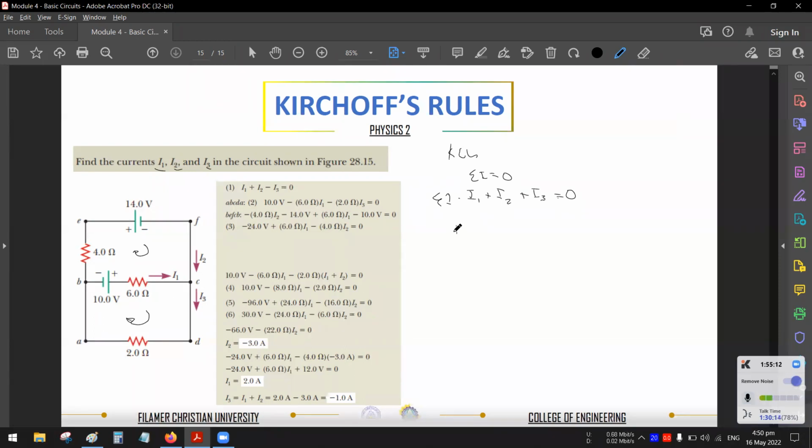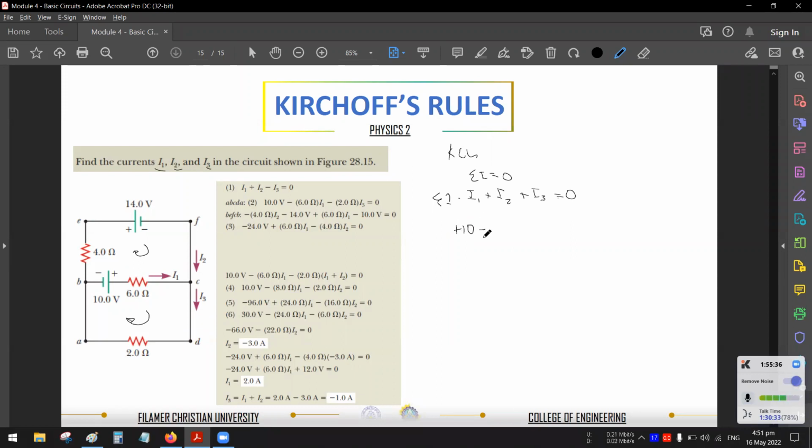So, we have positive 10 volts. And then, papunta dito, we have 6 ohms times the I sub 1. Negative. Okay, so we have negative.